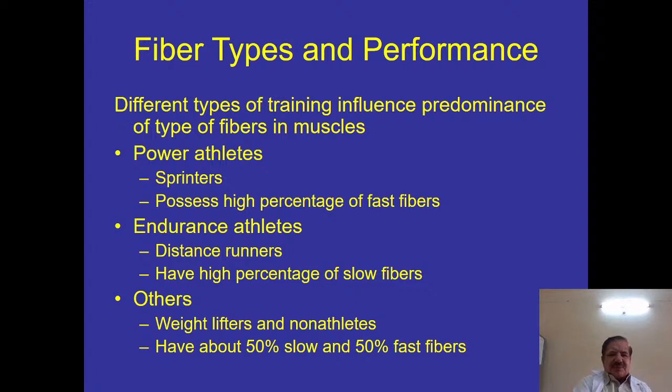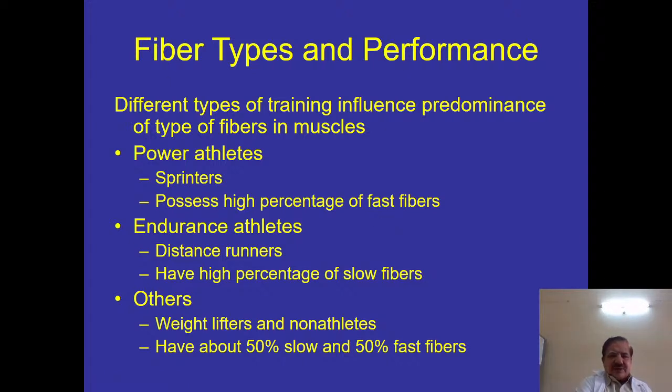Fiber types and performance. Different types of training influence the predominance of type of fibers in the body. Power athletes, that is sprinters, whose distance is less, possess a high percentage of fast fibers because they have to run fast.